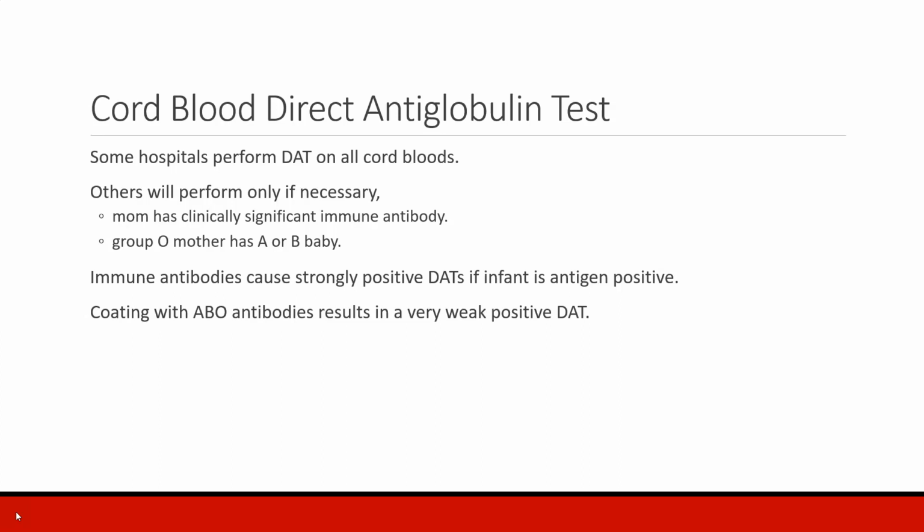And this is why I don't encourage giving up the microscopic reading of the DAT on cord bloods, because most of the ABO HDFN DATs will be microscopically positive. Every now and then you'll see one that's 1+ or 2+, but I've never seen an ABO that goes above 2+. On the other hand, for immune antibodies, they're usually 3 to 4+.